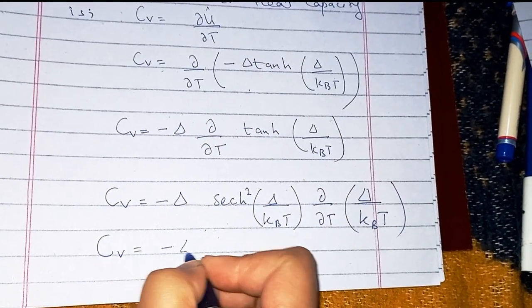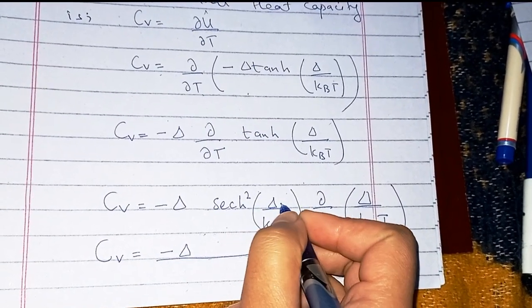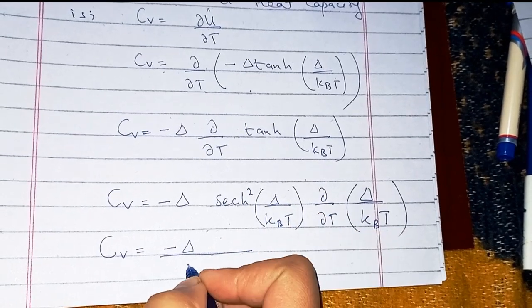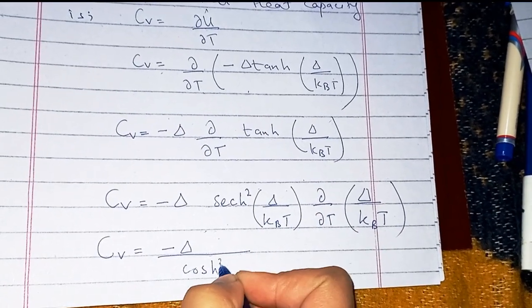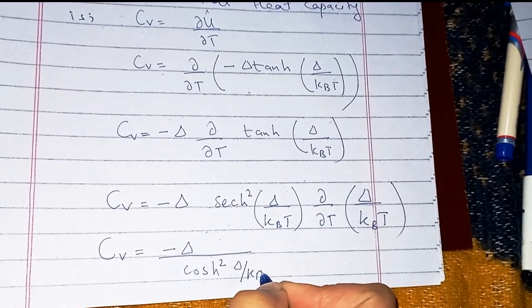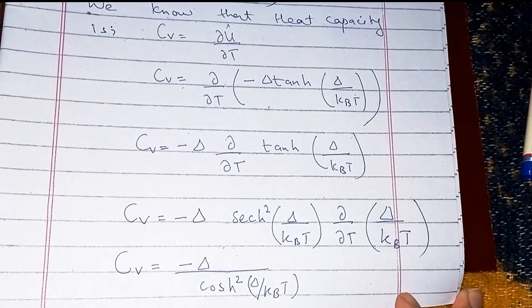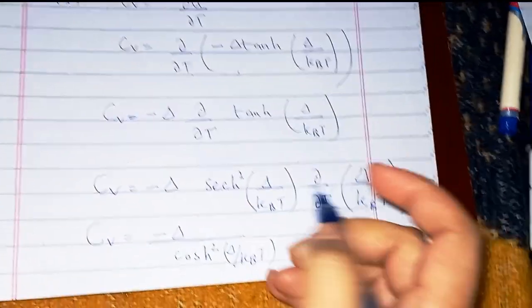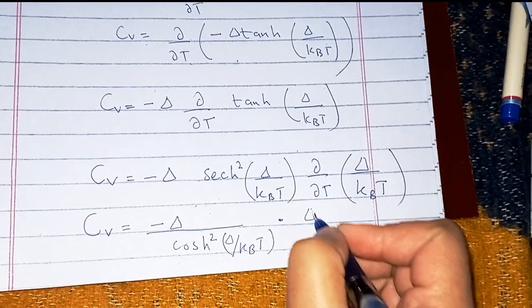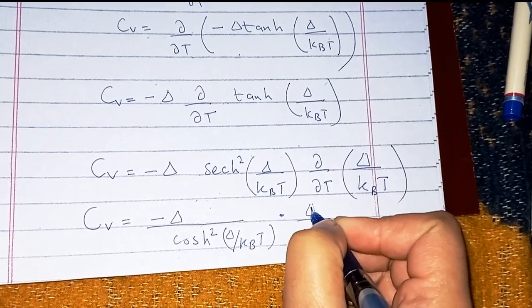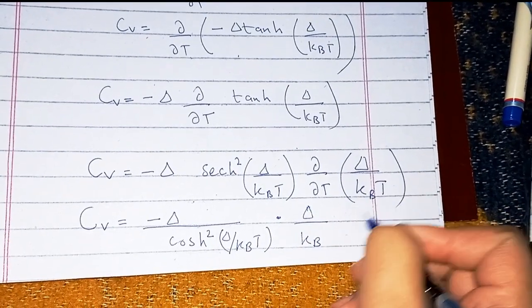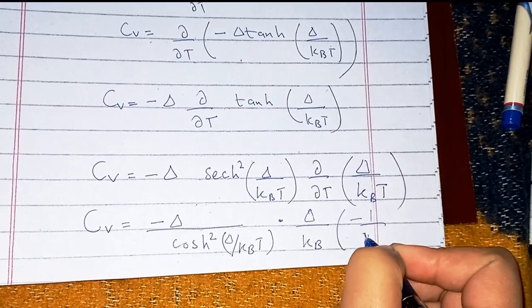CV, minus delta sech squared of delta by kBT could be written as cosh squared delta by kBT in the denominator, because we know that sech is equal to 1 over cosh. So that's how I have written it. Delta by kB partial by partial T of 1 over T is again minus 1 over T squared.